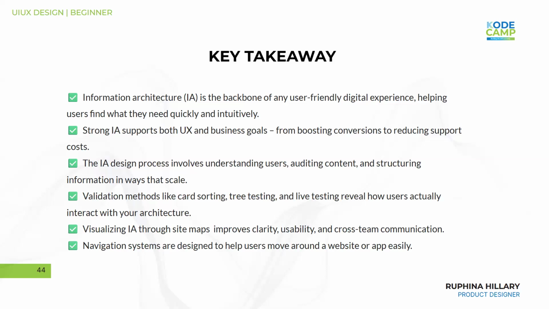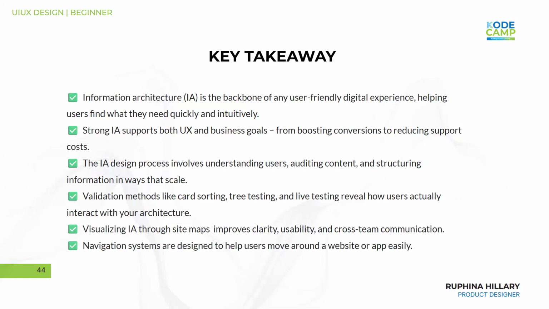The information architecture design process involves understanding users, auditing content, and structuring information in ways that scale. So we take note of all the principles of information architecture to ensure that we are structuring our information in ways that can scale.